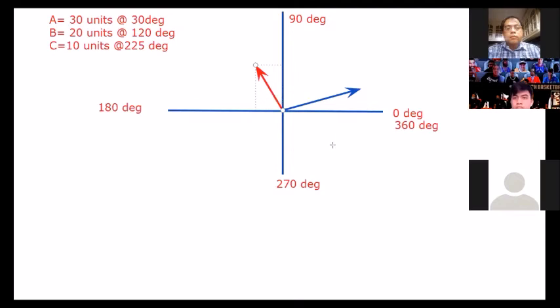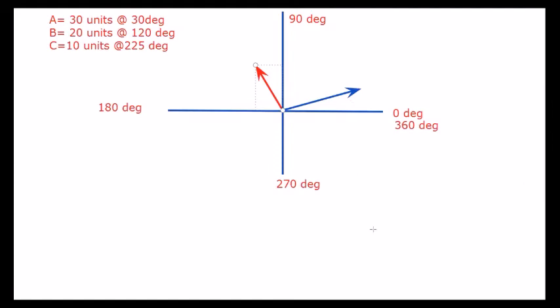So what are other ways of naming 30 degrees? This angle is 30 degrees, so you can also call this one 30 degrees north of east. That's another way of saying it.